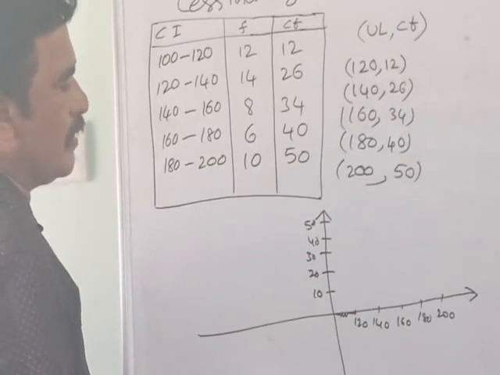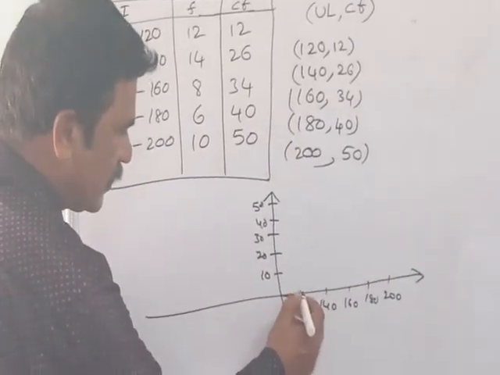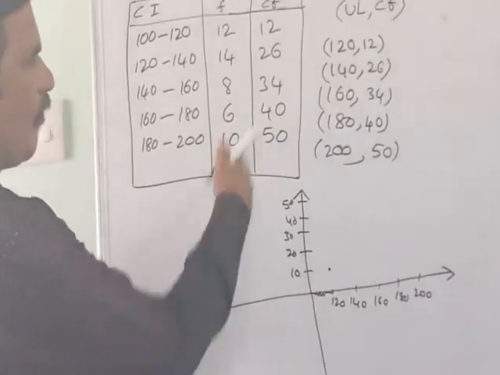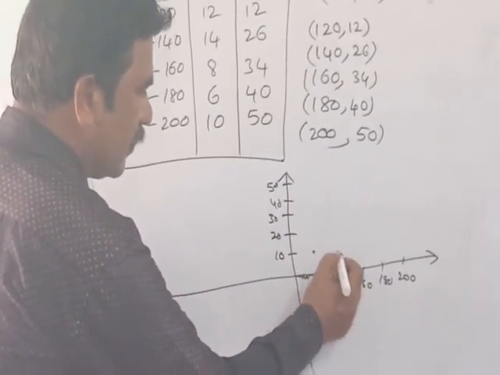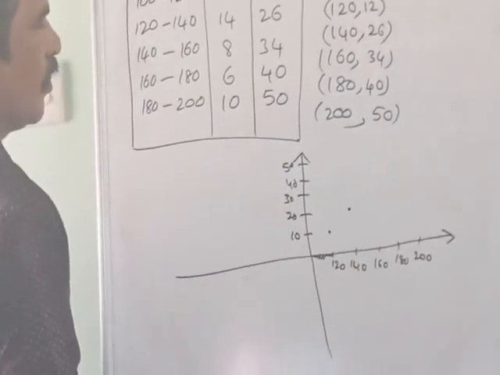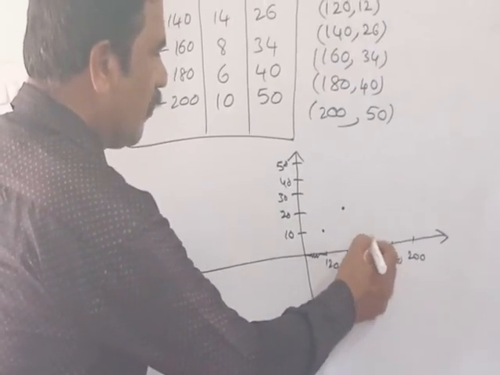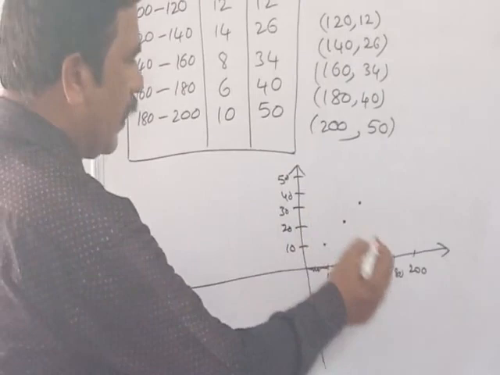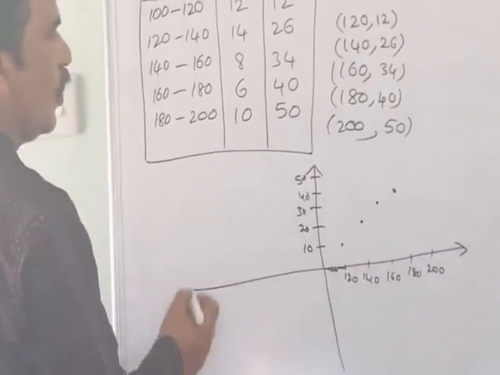Now take the points, mark the points. 120, 12: 120 is X, 12 is Y, it will come here. 140, 26, you will get here. 160, 34 will be here. 180, 40 is here, and 200, 50.